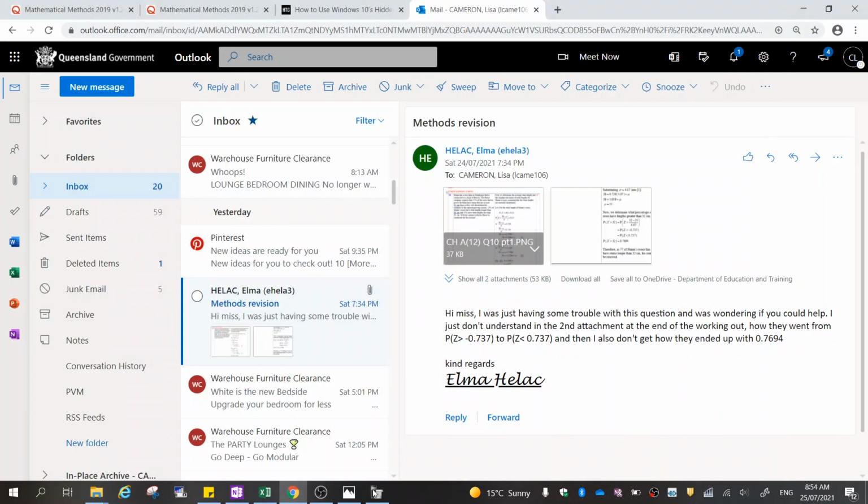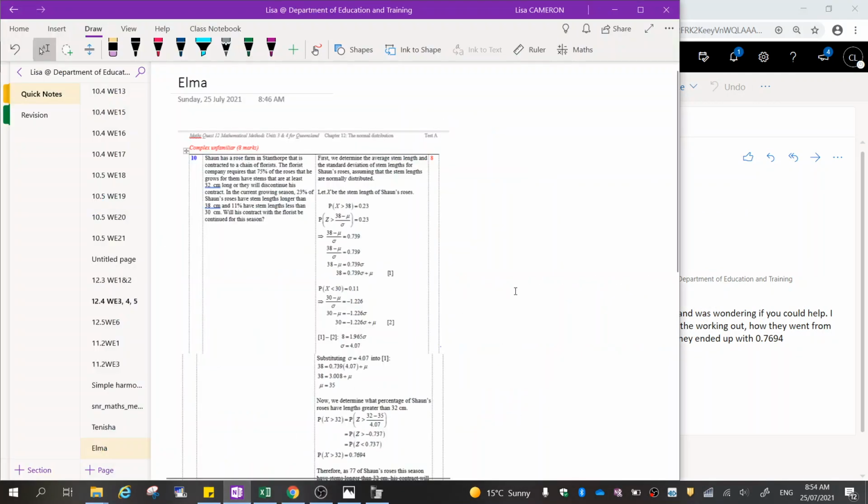Okay, so because you said that you're fine with everything else, it's just that last step. I'm not going to go through this first half of the question. Essentially what you found in that first part was a standard deviation of 4.07, and then we can find the mean by substituting it back into the formula.